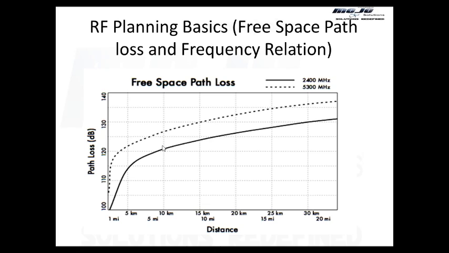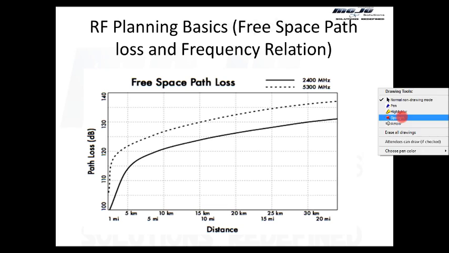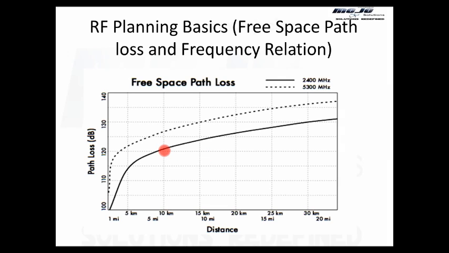For example, at 10 kilometers, one has a loss of 120 dB, and the 5300 signal at the same distance has a loss of around 125 dB. Similarly, over here at 10 kilometers it is around 122, and over here it's maybe 127, 128 dB loss for the 5300 megahertz signal.